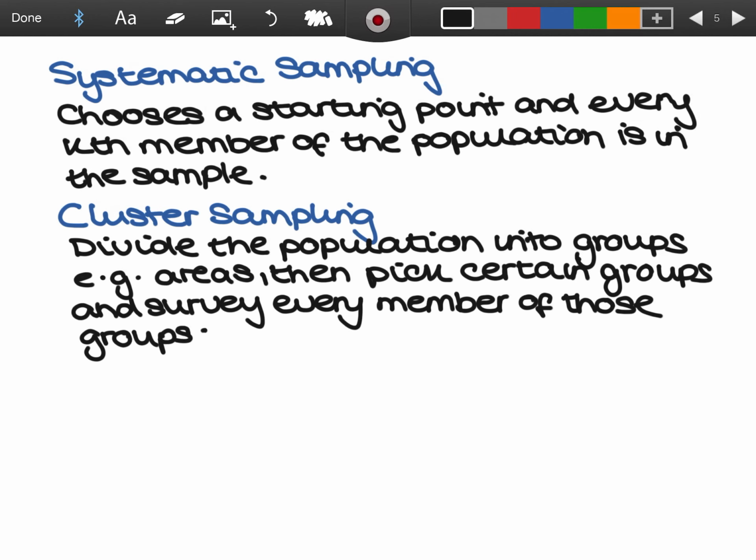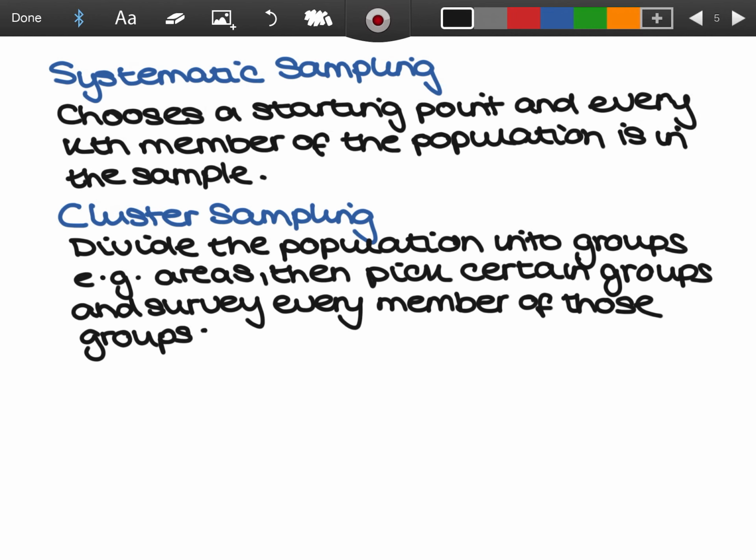It's good in terms of you are choosing multiple areas in order to survey. The problem is that you may not get a whole representative sample, for example, for the rest of the US or the rest of the world, if you just pick certain areas, because some states are very different to other states and some countries are very different to other countries.